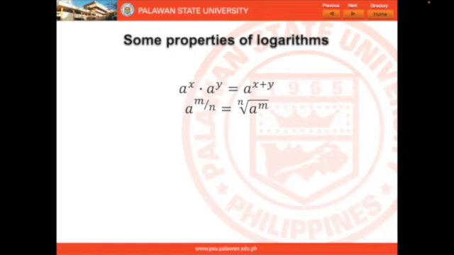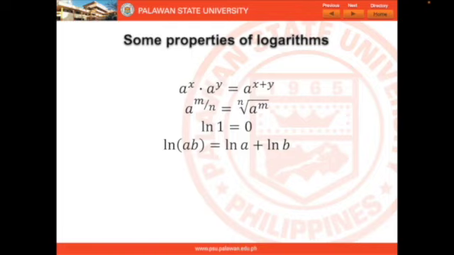And if you have an exponent with a fraction, it's just equal to the nth root of a raised to m, as well as we have this ln 1 must be equal to 0, and ln ab.